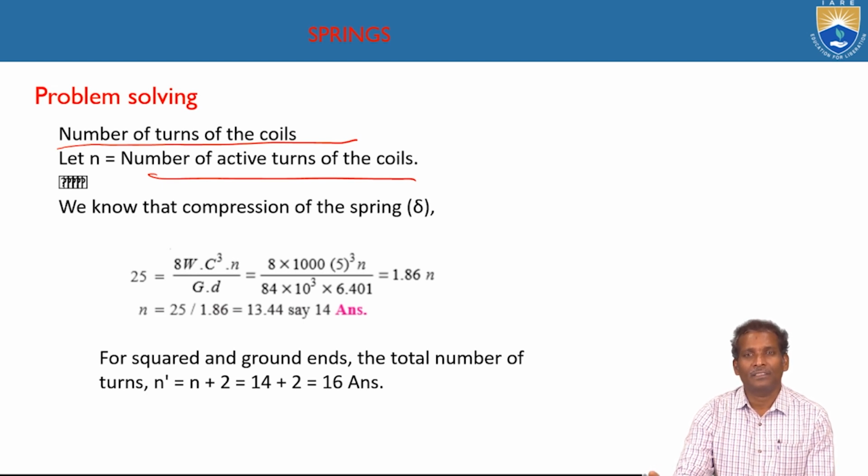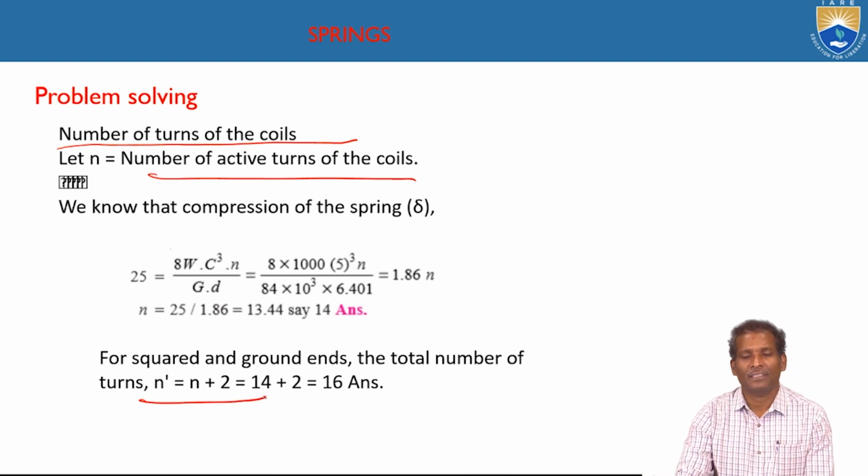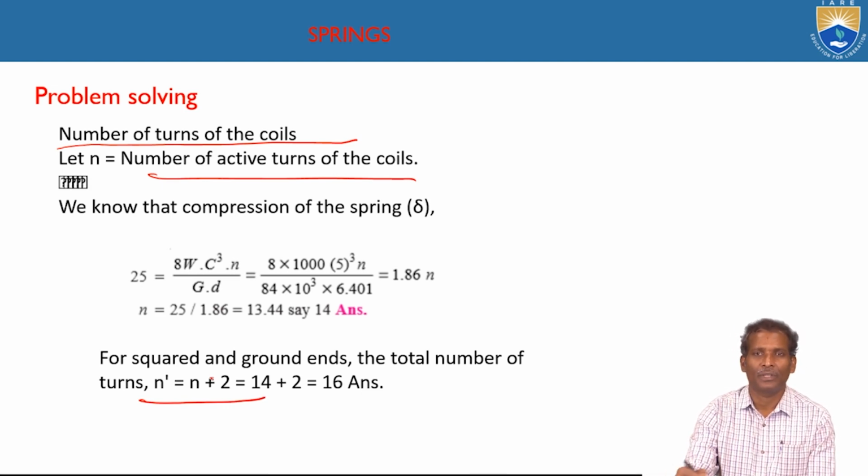What are the end conditions? Squared and ground end, flat. These types of end conditions are there. The number of turns of the coil depends upon the end conditions of the spring. For squared and ground end, the total number of turns n dash is equal to n plus 2. You have to take it from the tabular form.